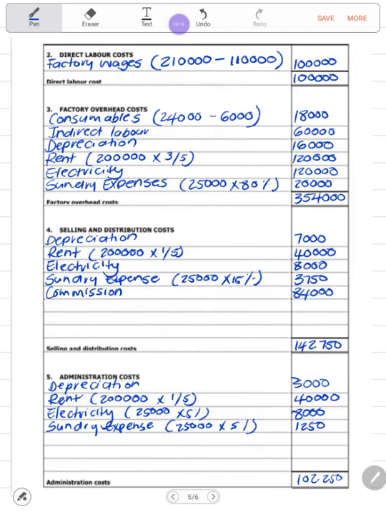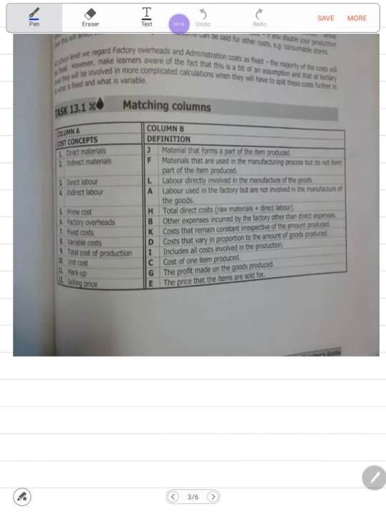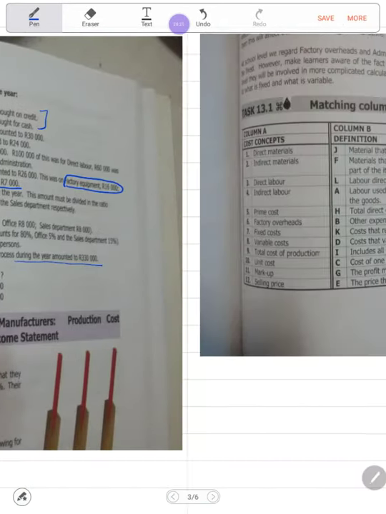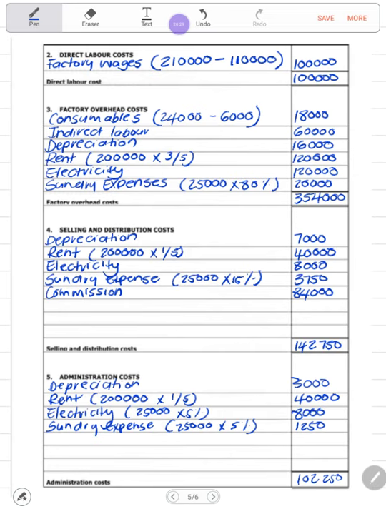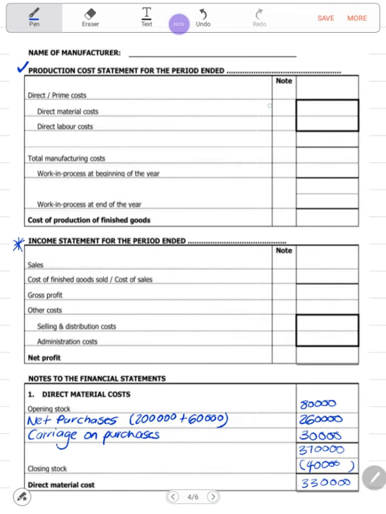Alright, now that all our notes are complete, we can move forward to completing our production cost statement. Remember, we have direct material costs, which was worked out at note number 1. So you place note number 1 there. It is 330,000.